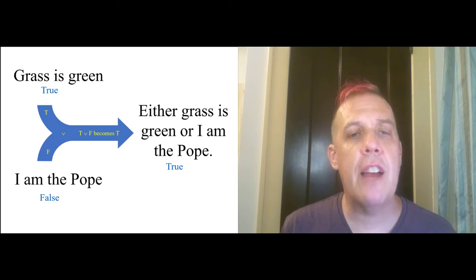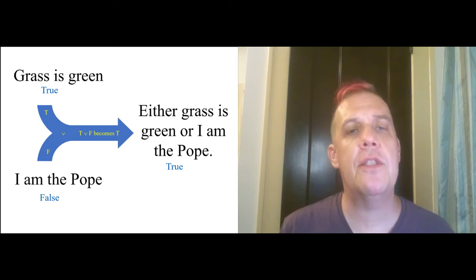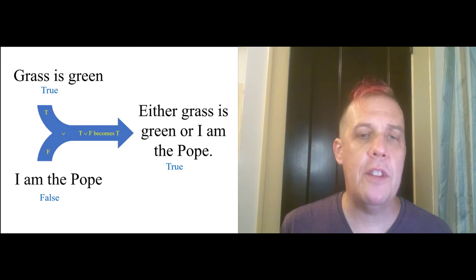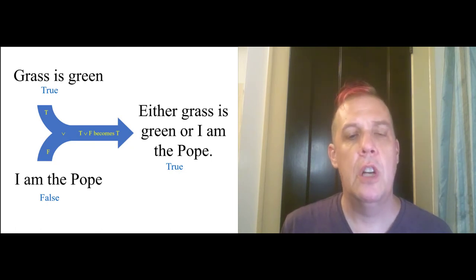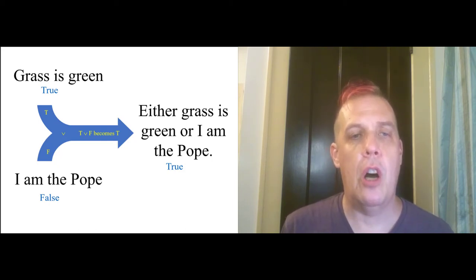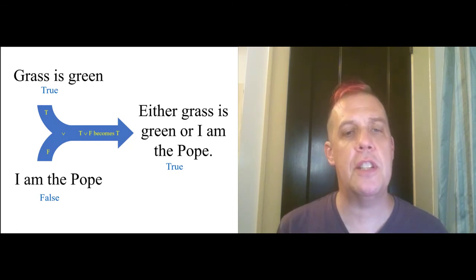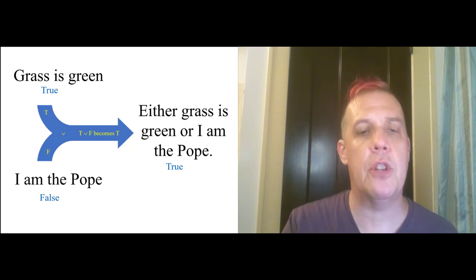You put those together with an or, and you get this statement, either grass is green or I am the Pope. And as it turns out, that whole statement is true because one side of it is true. Grass is green, and that makes the whole statement true. So the or turns out to be a function on these two inputs. And it says that if one of the inputs is a T, the output is also a T.